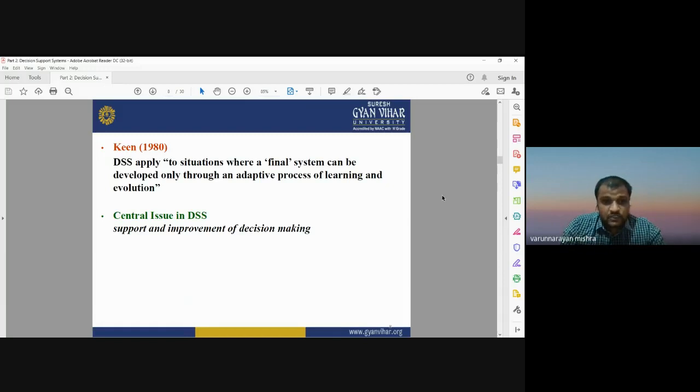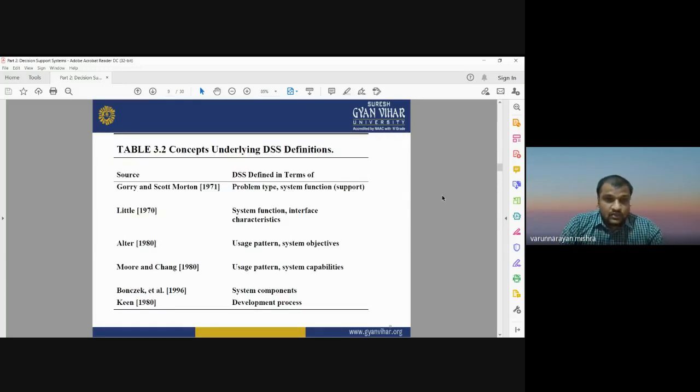The main issue in a decision support system is the support and improvement of decision making. If you are working on a decision making process, how does this decision support system help you and improve the decision making capabilities? These are some concepts given by different authors in tabular form. Little has the system function, that is, interface characteristics. Alter gave that it is based on usage pattern and system objective.